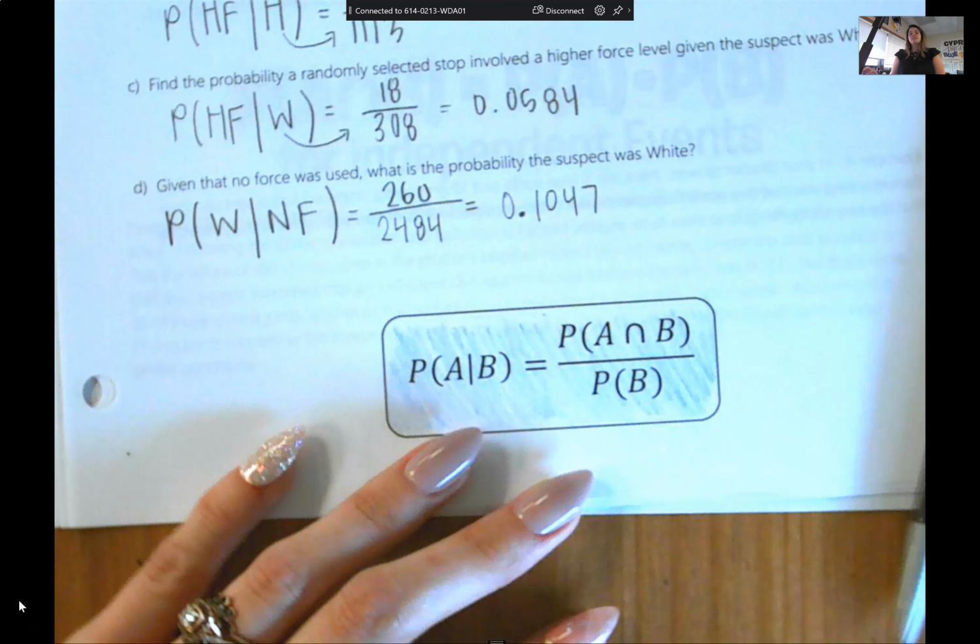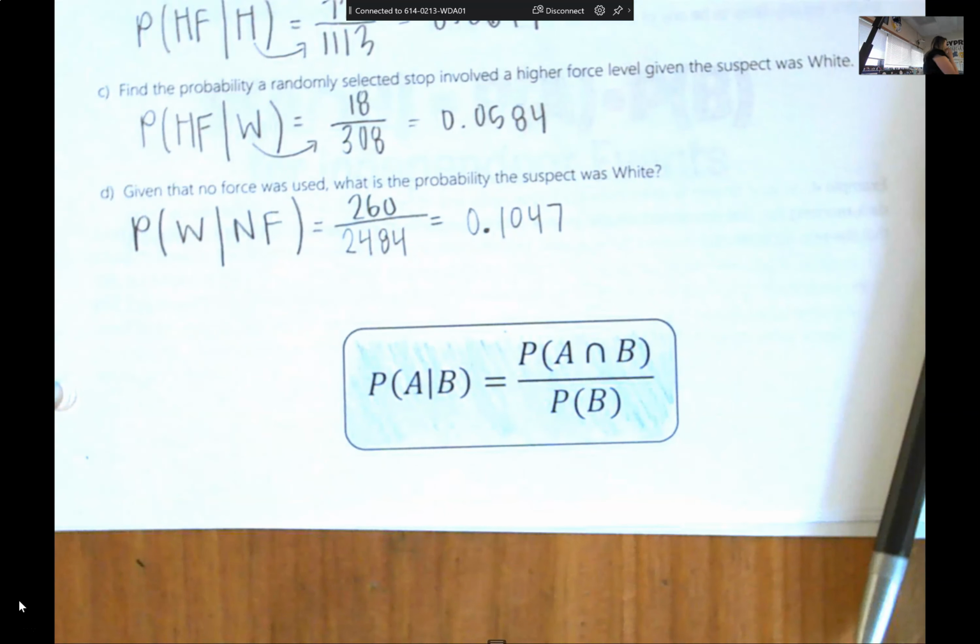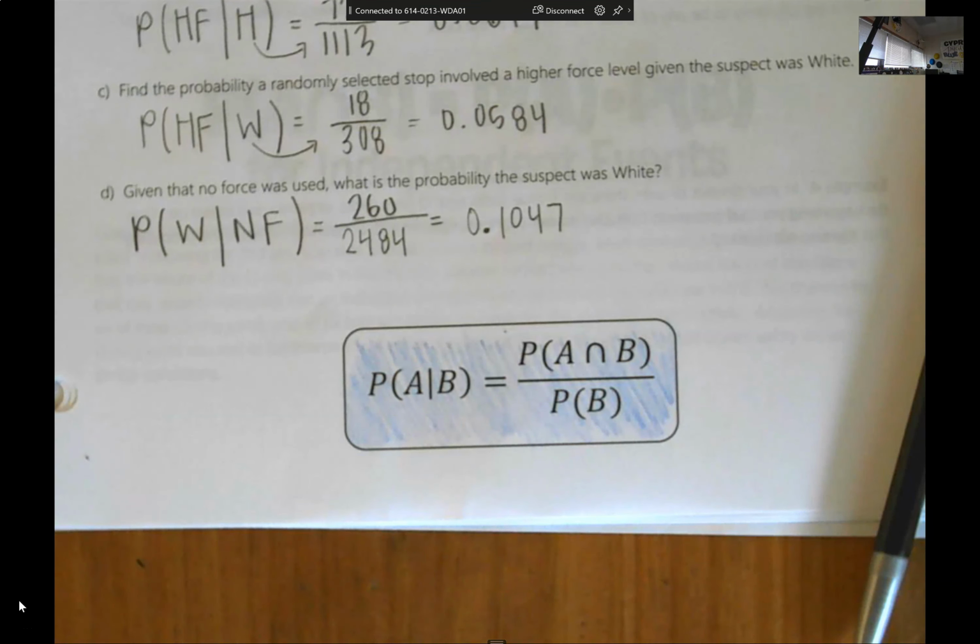So there's a 10% chance that if you look at a stop where no force was used, your subject was white. Is that true? The probability that the suspect is white given no force was used. That's what it's saying. Well, geez, that's pretty low.